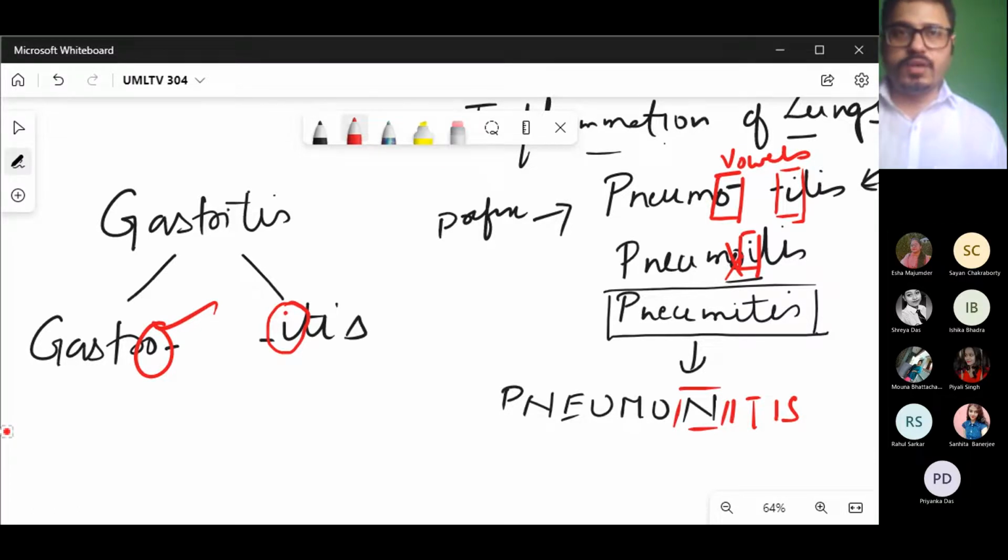That is even more important. So I am preserving the vowel of the suffix. So itis only is preserved.